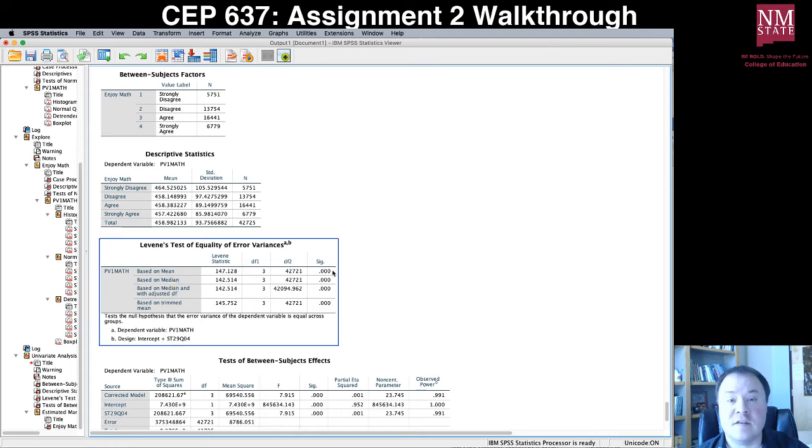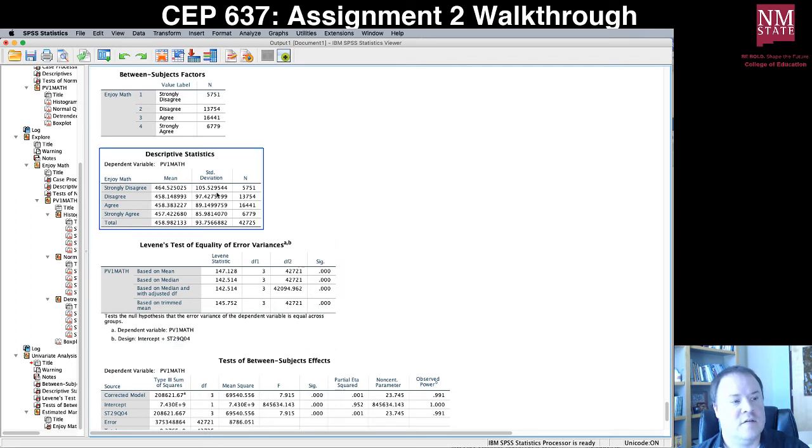So this is saying that these group variances are too different from one another. They vary far away from what it would be if they were all equal. So we would be rejecting this null hypothesis that the variances are equal across groups, which tells us that there may be an issue here with these standard deviations.